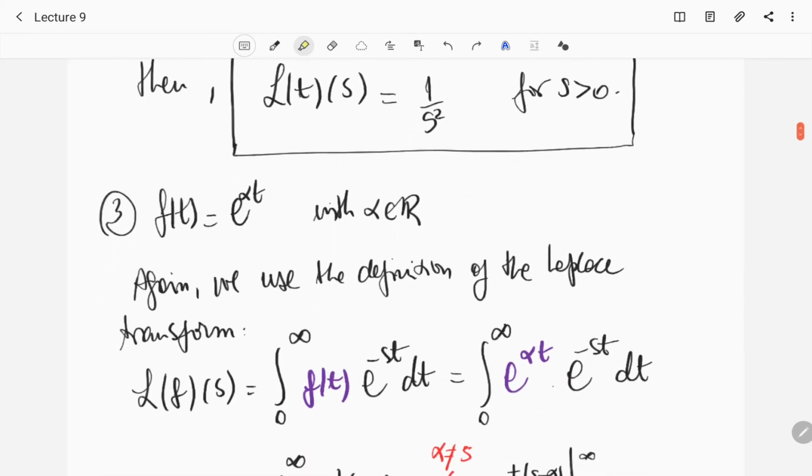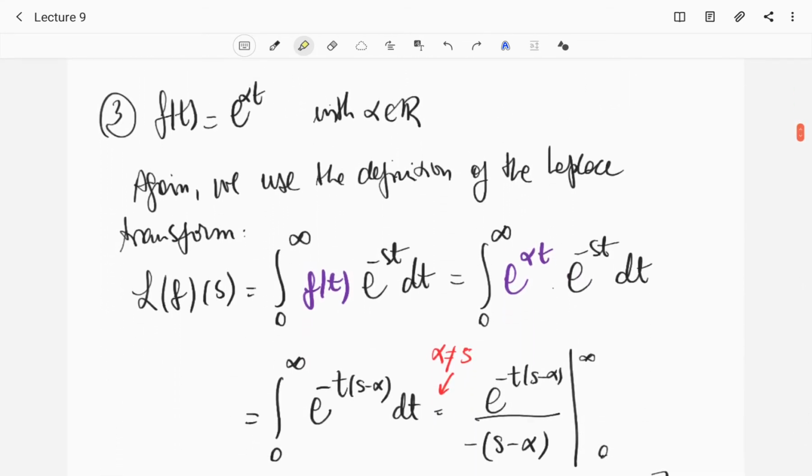Okay, third example. We are increasing the difficulty, right? Our first example was the function 1, second example, function t, third example, this exponential. Well, this alpha in principle is any number, and we might see that this alpha forces us to change the range of s.